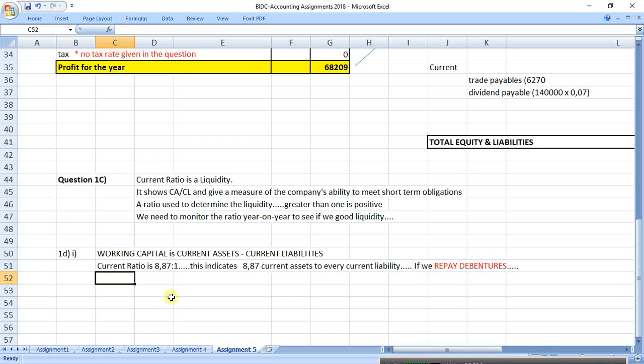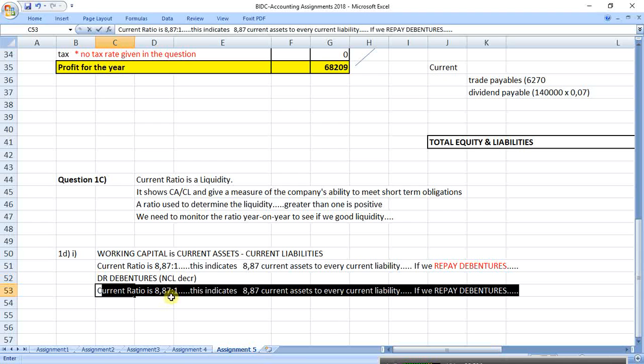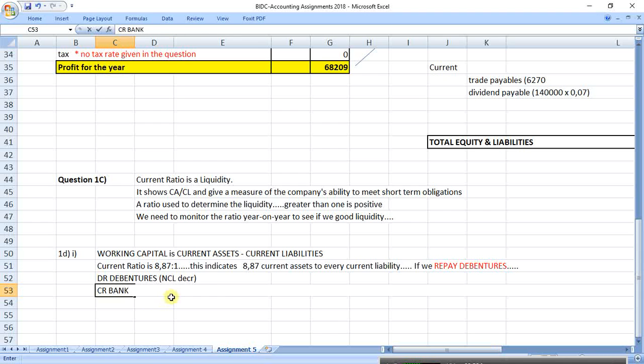Okay, so what are we going to do? Well, we're going to debit the debentures (non-current liability decrease). Okay, and then we would have credited bank, because they say repay the debentures, bank/cash, depending on what we're using, asset decrease.